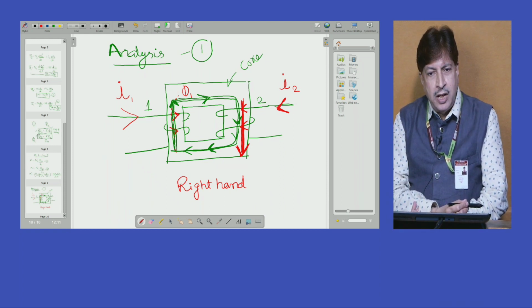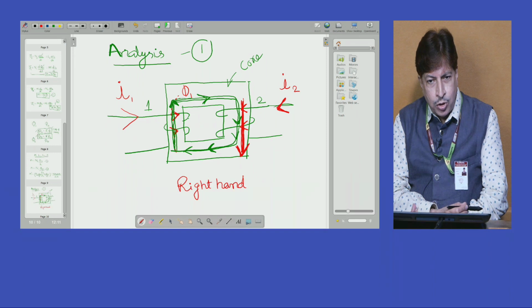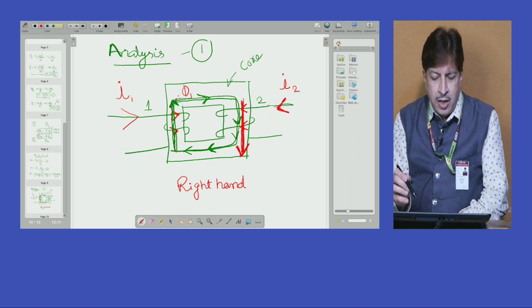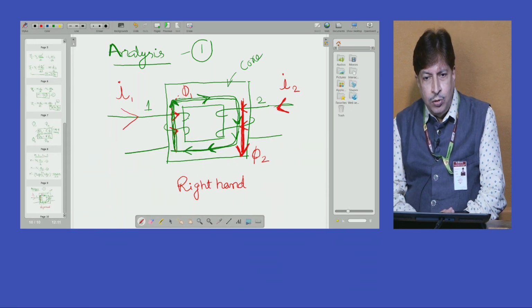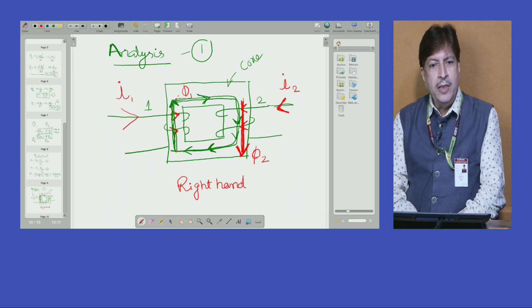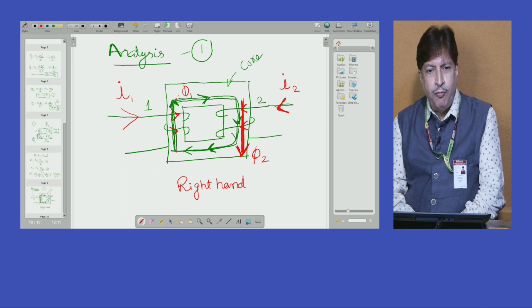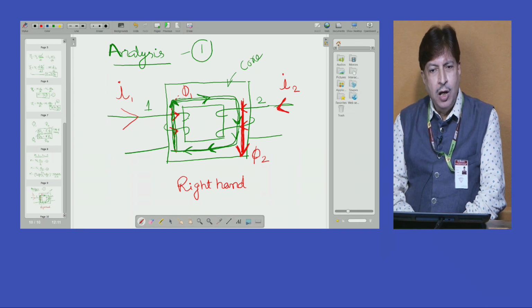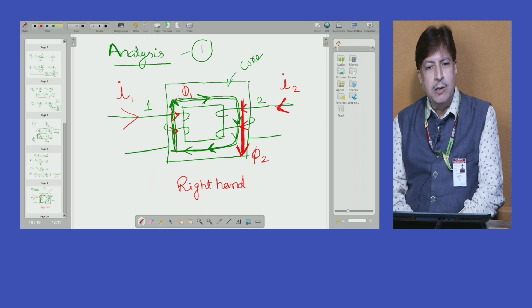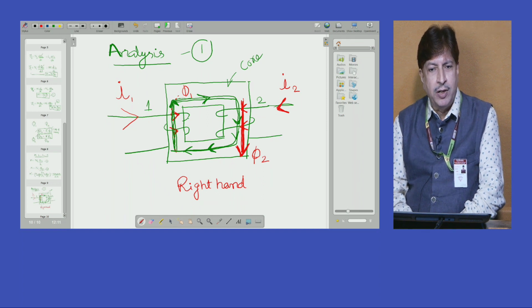The flux developed in coil number 2, if we denote it as phi 2, this phi 2 is matching with the direction of phi 1. You may think that phi 2 is downwards, phi 1 is upwards. How can phi 2 match the direction of phi 1?